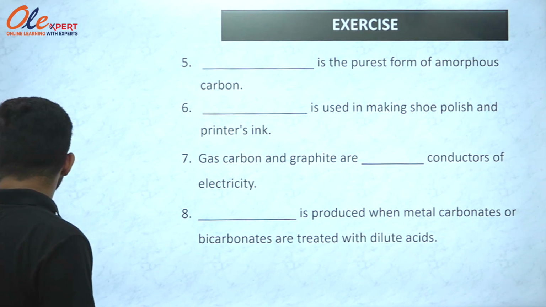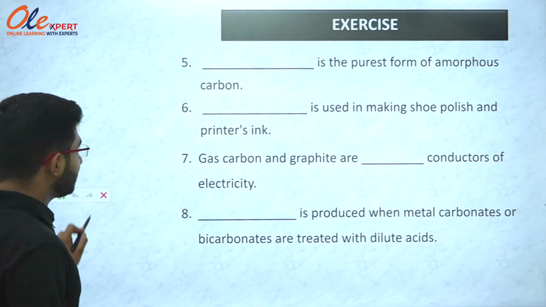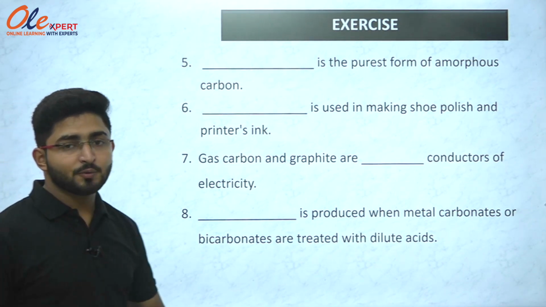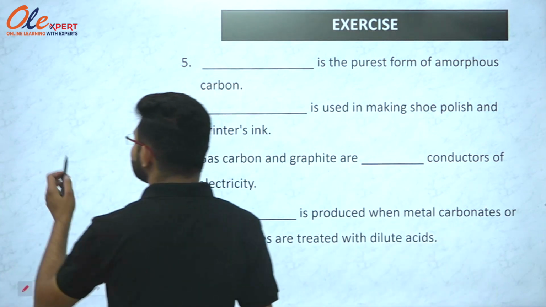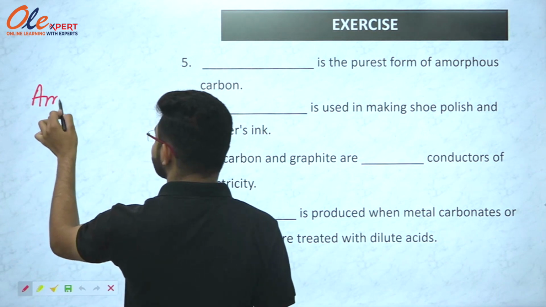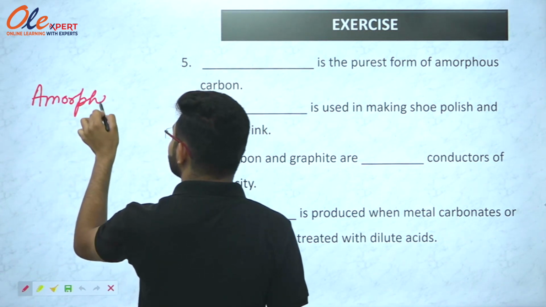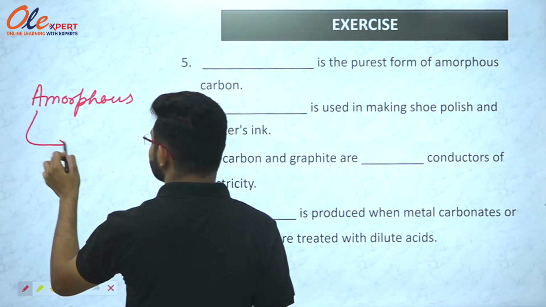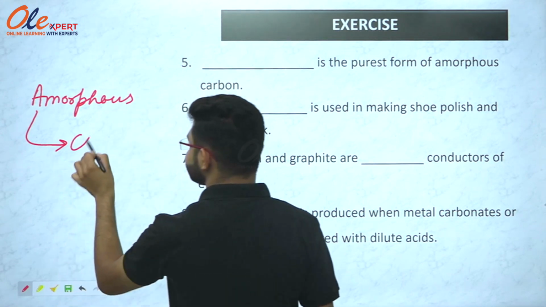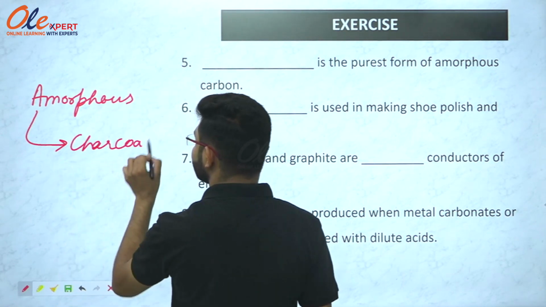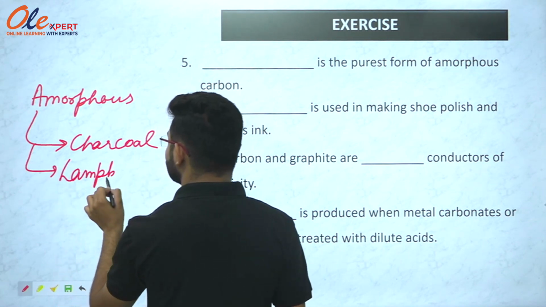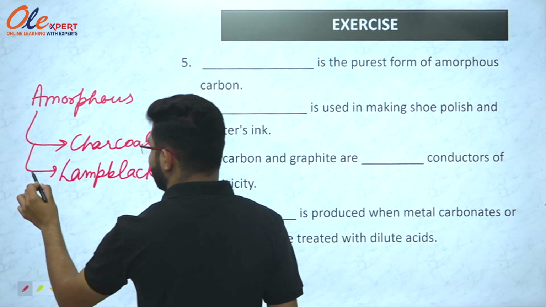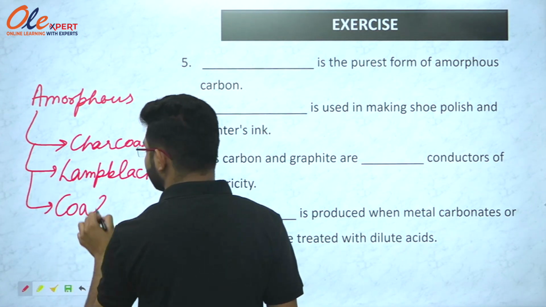The fifth part says dash is the purest form of amorphous carbon. When we talk about the types of amorphous carbon, we know that it also has three types. Amorphous carbon consists of three types, that is charcoal, lamp black and coal.